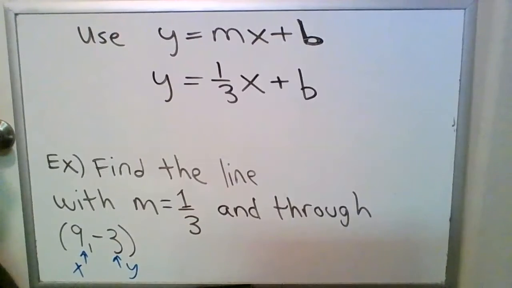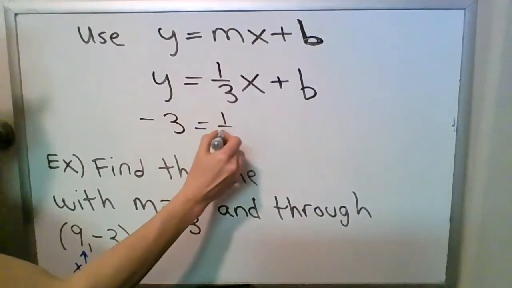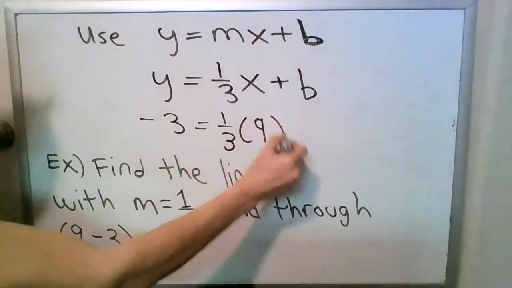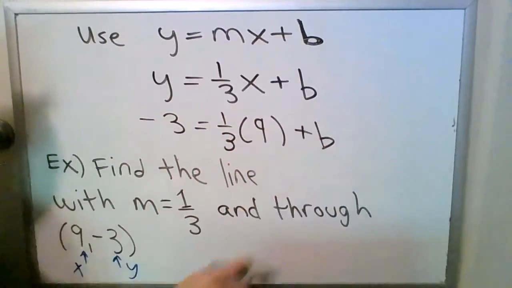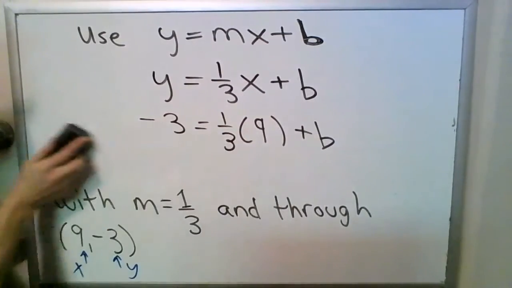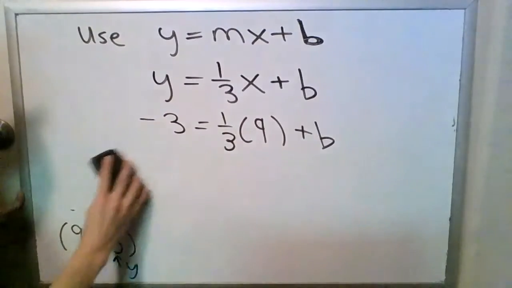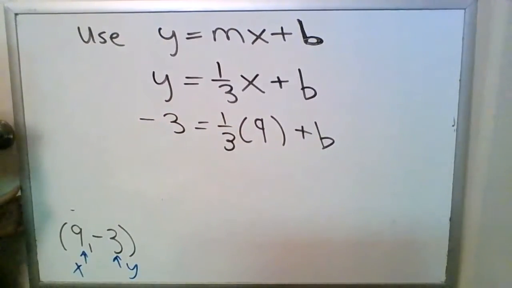So -3 equals 1/3 times 9 plus b. We want to know what our value is for b.